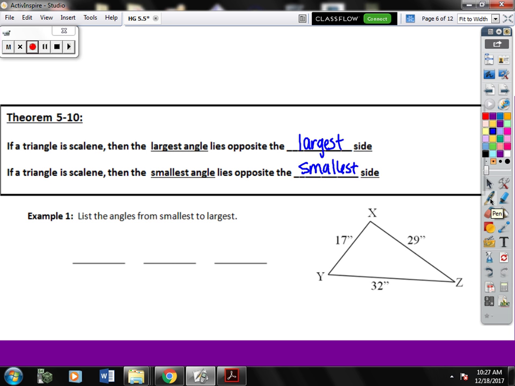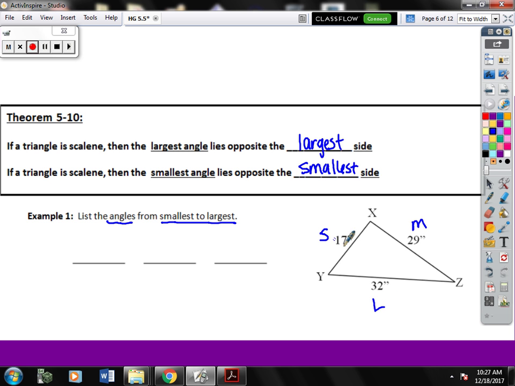So you'll be asked to list angles from least to greatest or greatest to least. Just make sure you don't read the directions wrong. They want us to list our angles from smallest to largest. So usually I go around and I label small, medium, and large: the smallest side, the medium side, and the largest side. And then the angles have to be across from them.